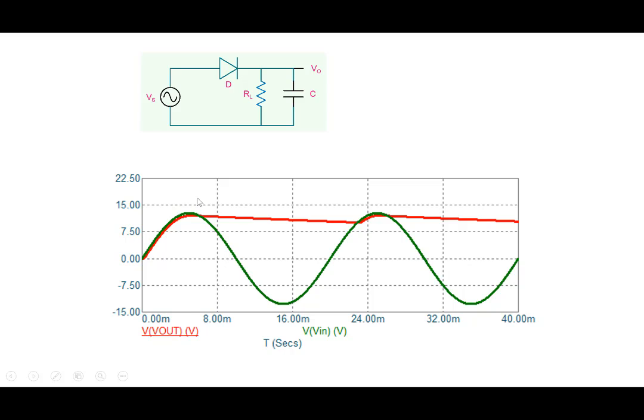So this is shown over here. In this part, note that the diode is forward biased, and the moment the input shown in green starts to fall, you need at least 0.7 volt or so to have adequate conduction in the diode, and therefore beyond this particular point, once the input starts to decrease, there's not enough voltage across the diode, and therefore in this part the diode is reverse biased.